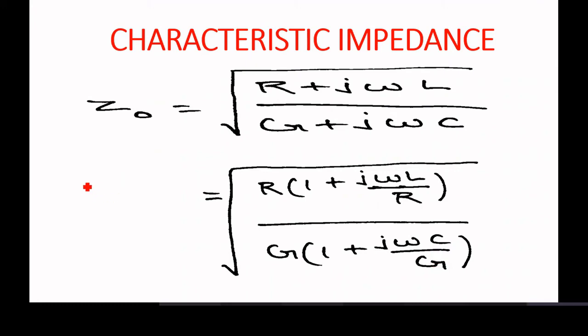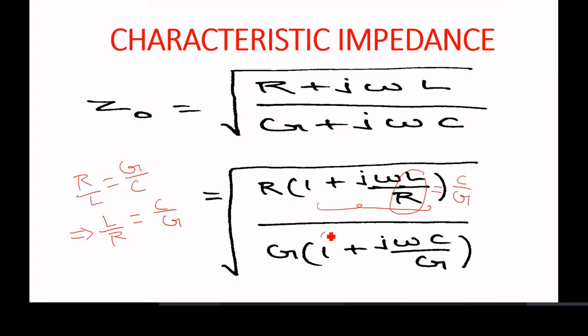Again you can substitute R by L is equal to G by C, which has to be taken for a distortionless line. From this, we will get L by R is equal to C by G. Then these two terms are equal. So in 1 plus j omega, you can substitute in either of the terms. If you substitute L by R is equal to C by G, then these two terms are same and you can cancel each other.